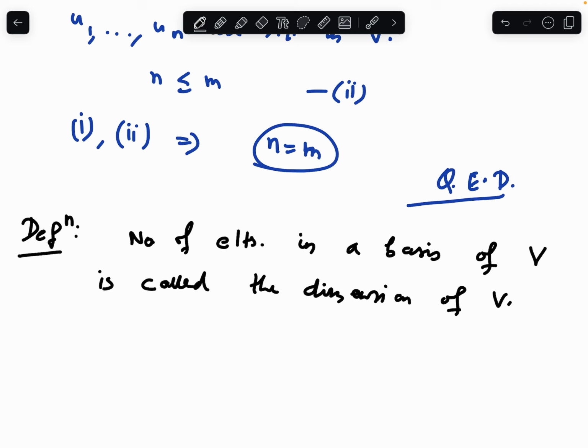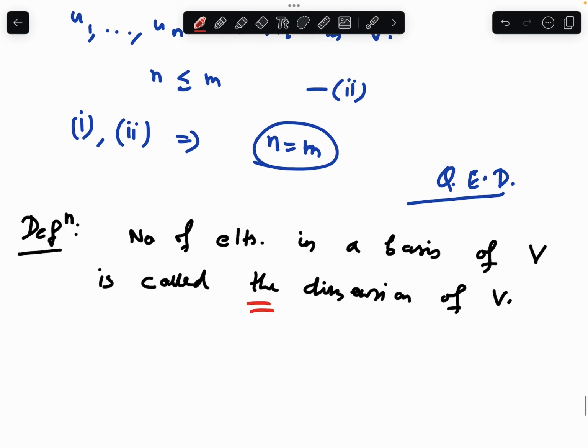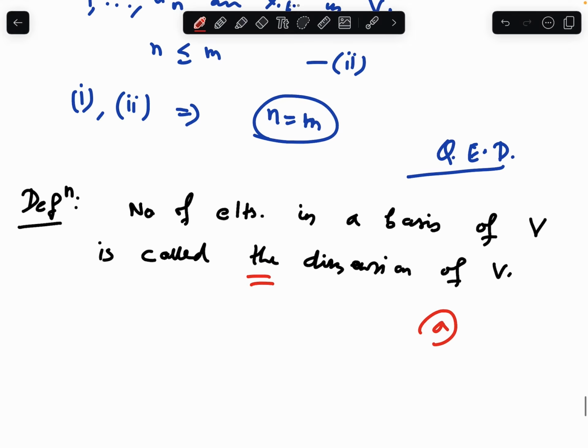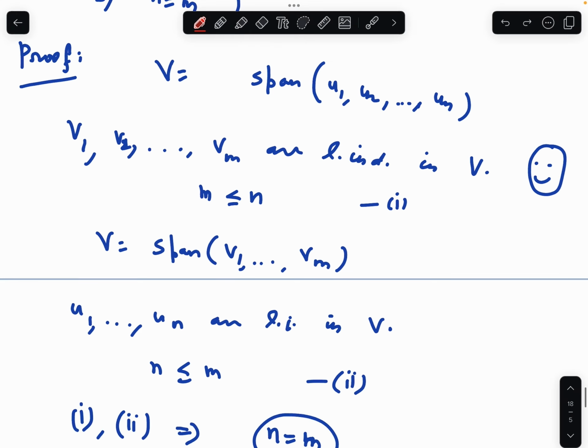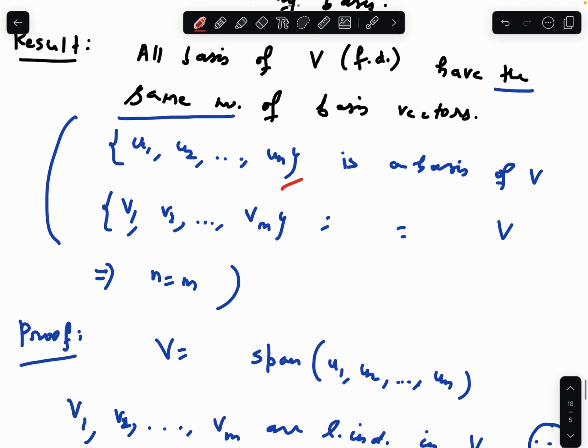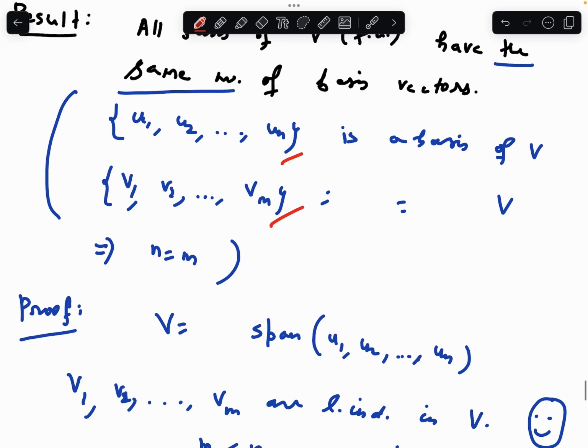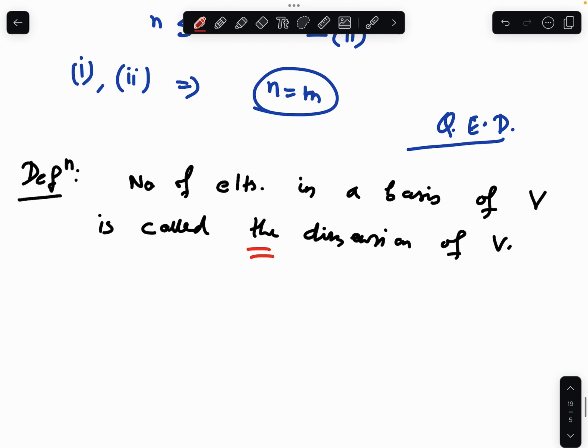See, I'm using the article 'the' here. Why? Why not a dimension here? Because we have seen that if we take any basis of V, whether you take this basis or this basis, they're going to have the same number of elements because n is equal to m, right? That's why the dimension, because it's unique.